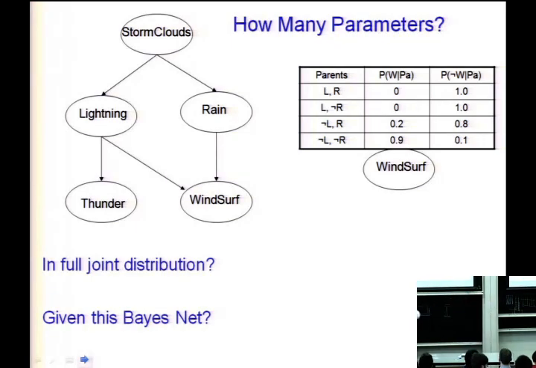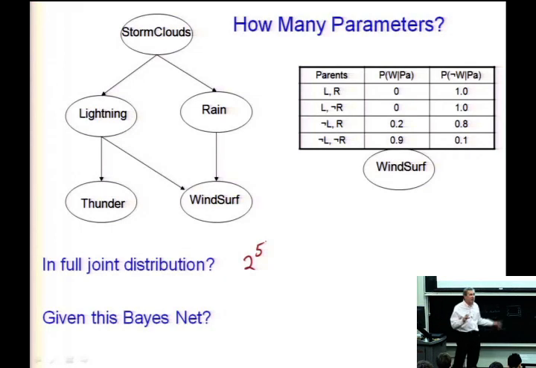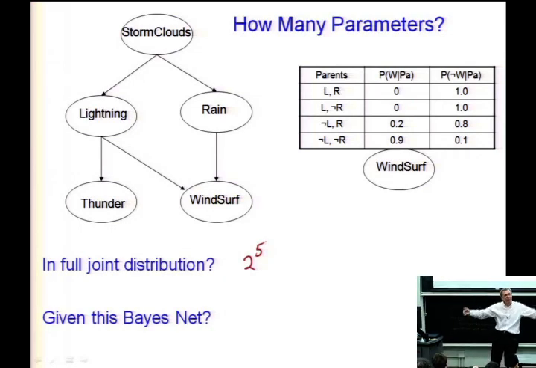So how many possible combinations of 1, 0 values are there for these 5 variables? Well, there will be 2 to the 5th possible combinations, 2 to the 5th strings of length 5 with 1s and 0s in them. And I'll need a probability for every one of those except 1, because they have to sum to 1. So 2 to the 5th minus 1.